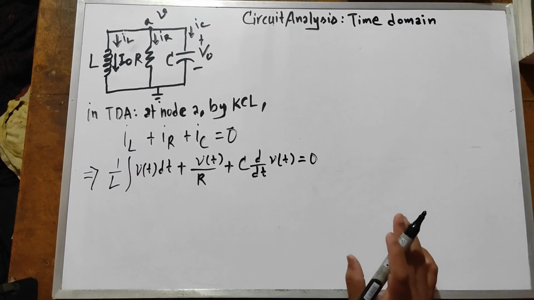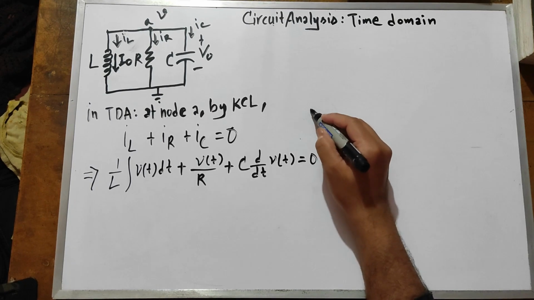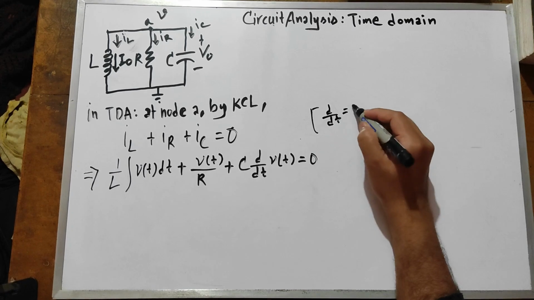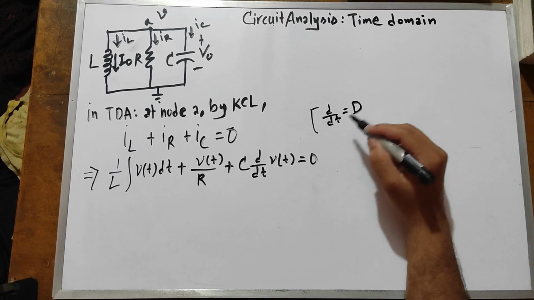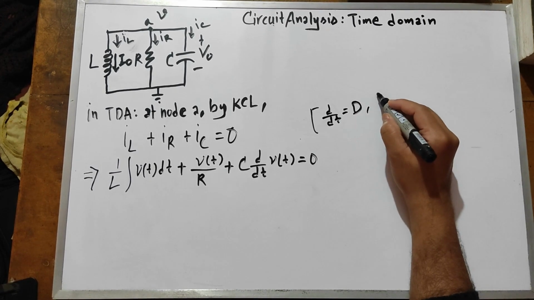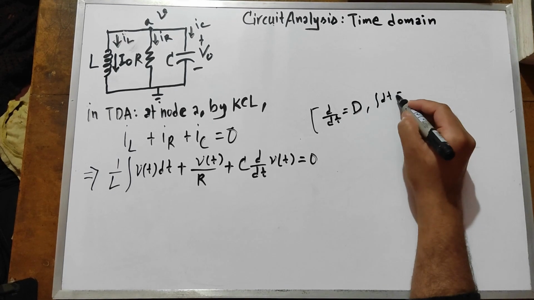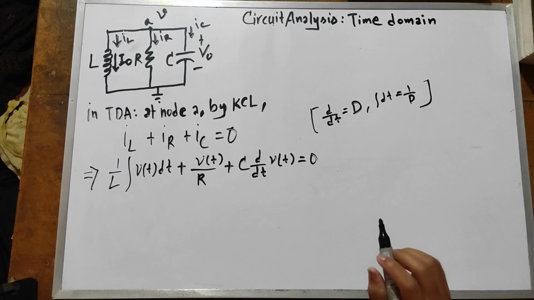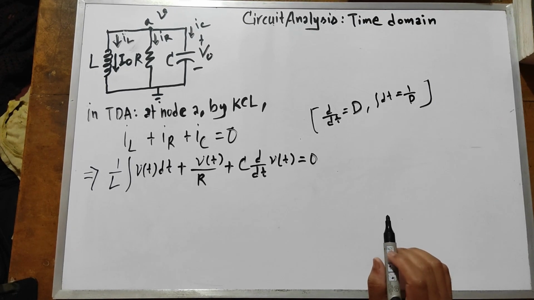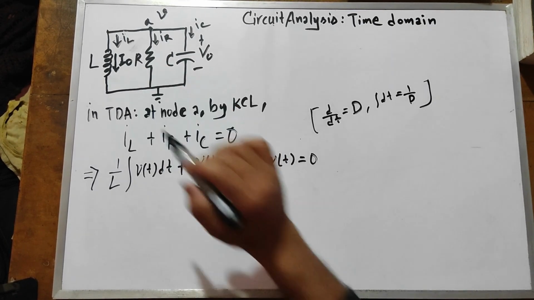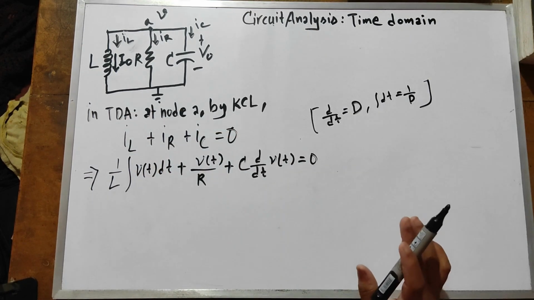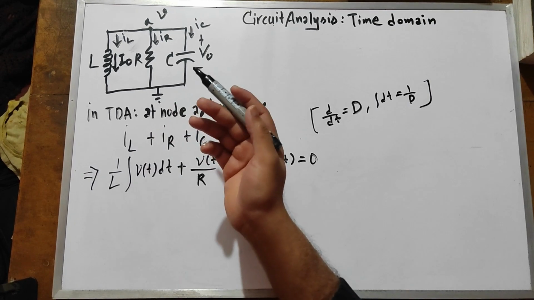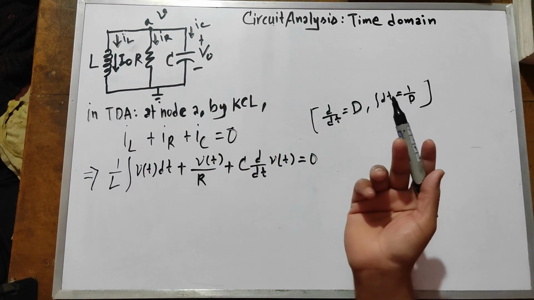So far so good. Now let me assume that differentiation is D with respect to time, obviously, and integration is 1 by D. So D is a linear differential operator. Because this is an LTI system, the components are linear. Electrical circuits are also systems.